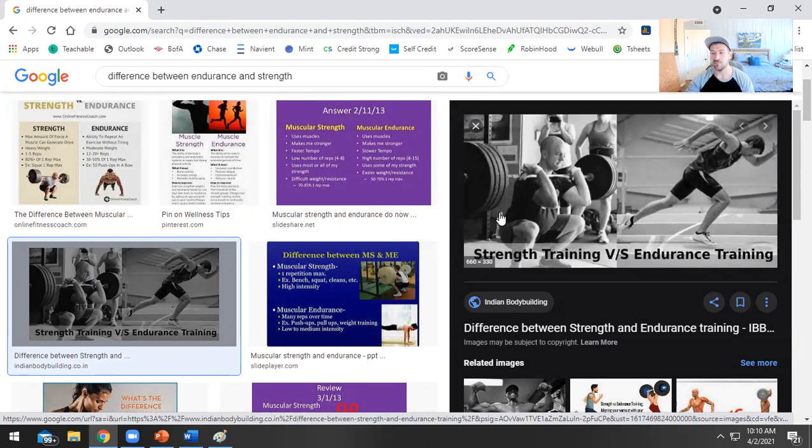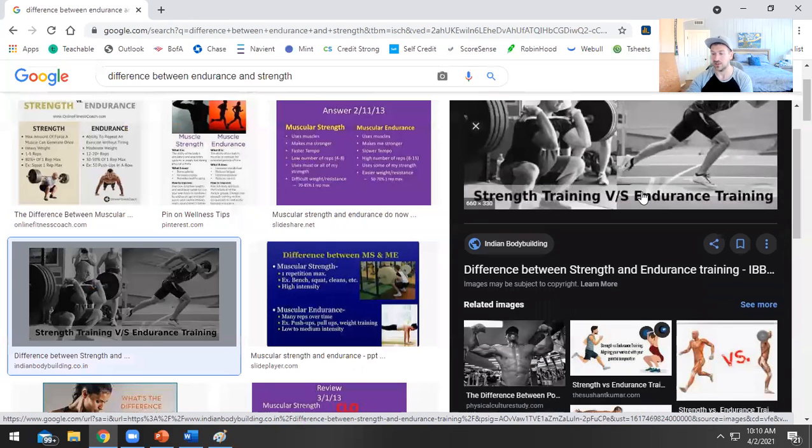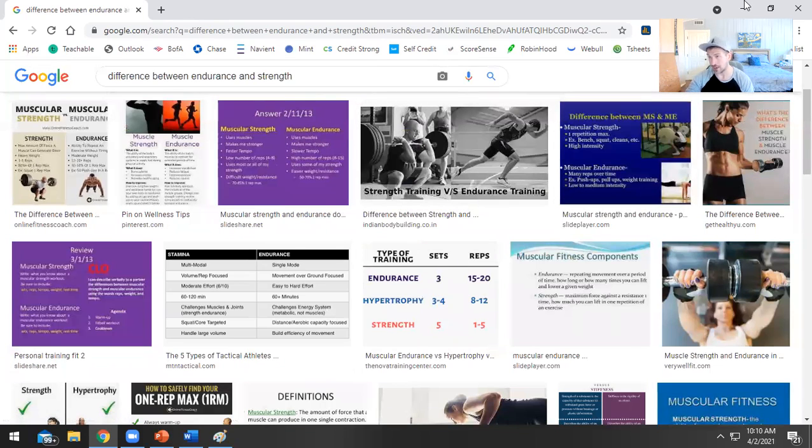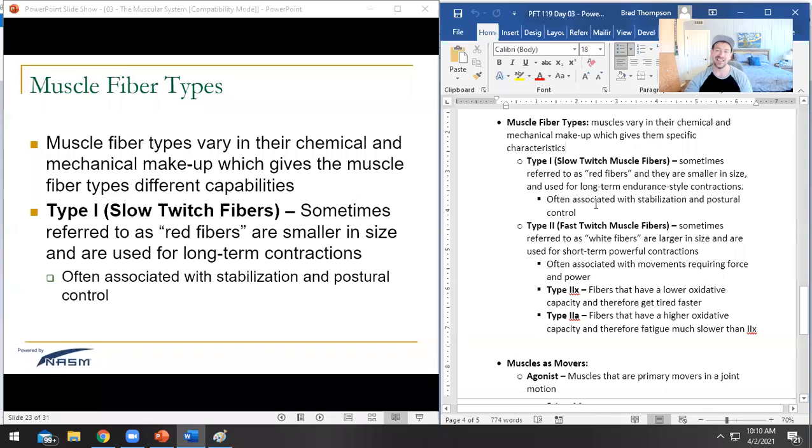Strength training versus endurance training. They're different things. They're going to develop different types of bodies. You're either going to look like The Rock or you're going to look like a runner. So developing those, on a cellular level, those muscle fibers are actually going to look a little bit different. So the first, you're going to have two types.